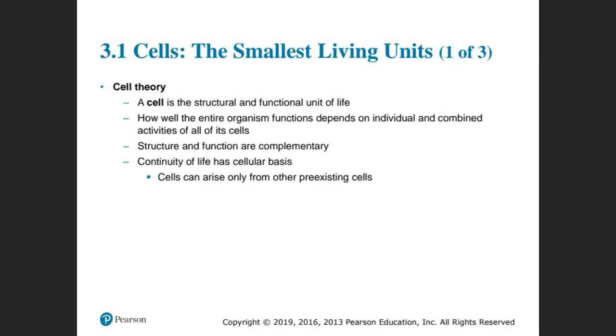And so we can't really start without going through the cell theory, which says that cells are the basic unit of life. And cells are alive, cells are living organisms. And in the human organism, we have trillions of cells, and we have over 200, or as your text says, 250 types of cells.